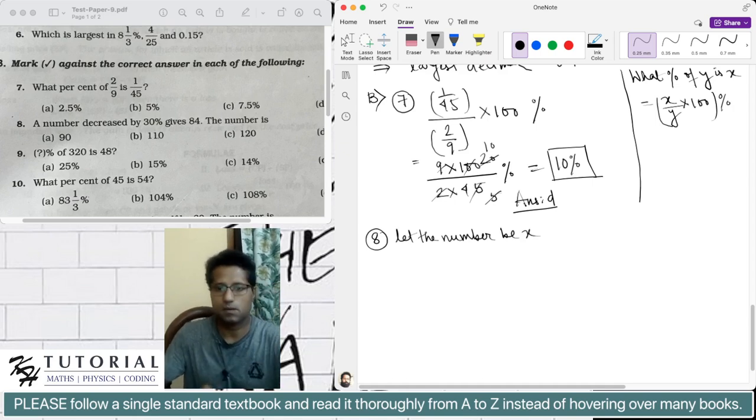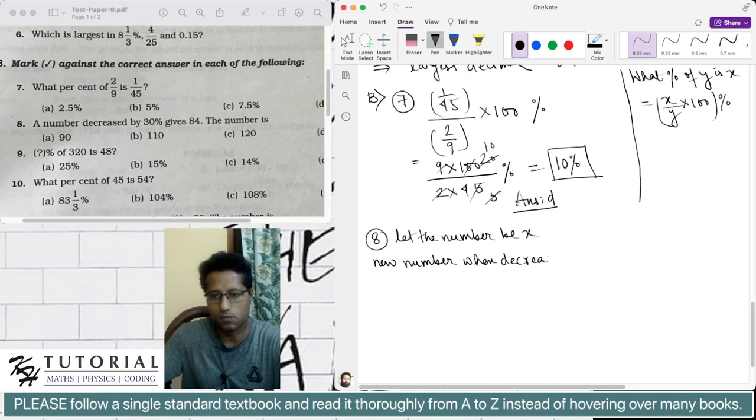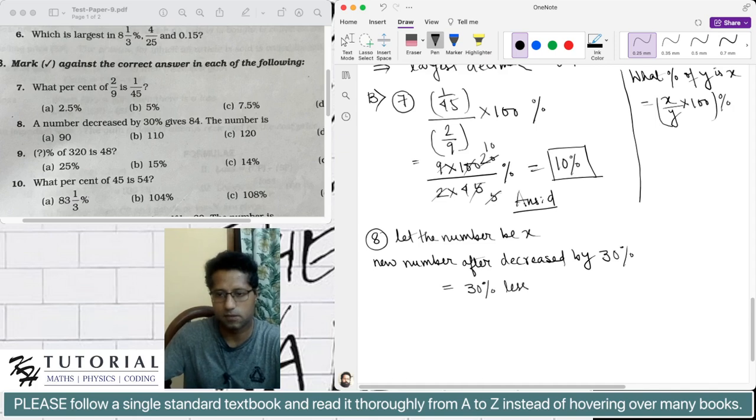Now the new number, after being decreased by 30%, will be equal to 30% less than x.